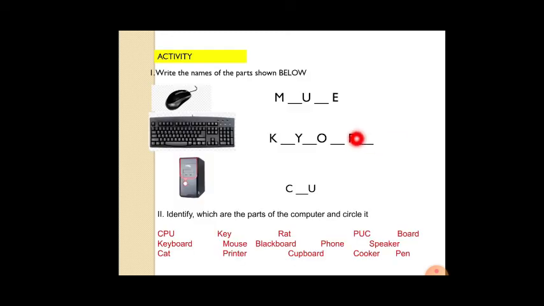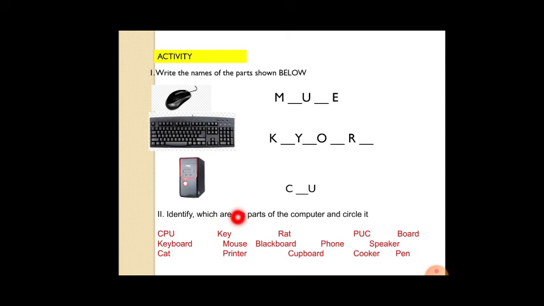I have given you a nice and small activity, children. Write the names of the parts shown below. What is this, what is this, and what is this? Identify which are the parts of the computer and circle them.